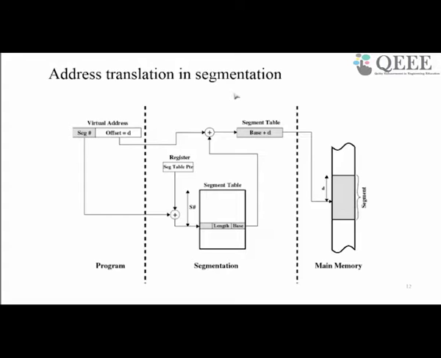Segmentation works as follows. The program generates a virtual address which has two parts, the segment number and the offset D. The memory management unit responsible for the segmentation has a segment table, one segment table for each process, and the base address of that segment table is loaded in a register called the segment table base register or the segment table pointer.